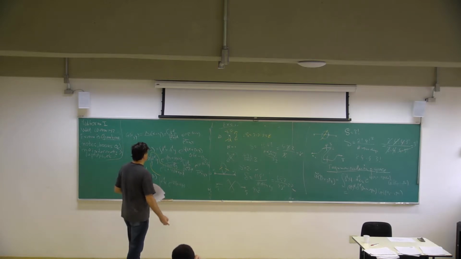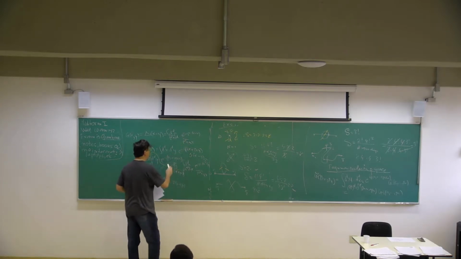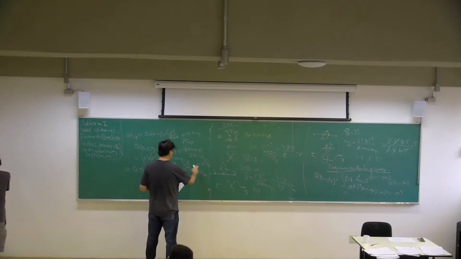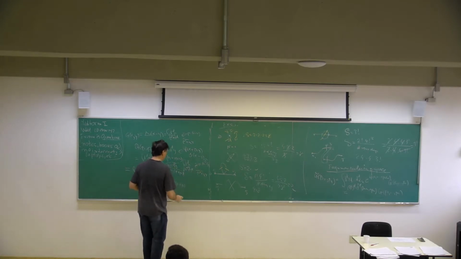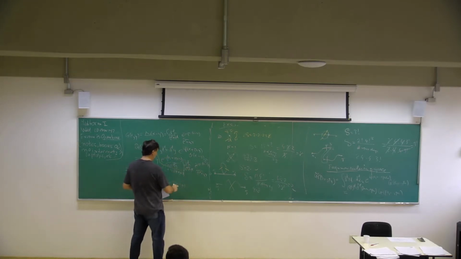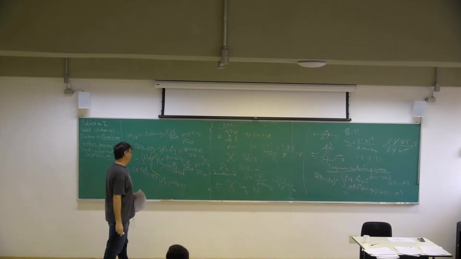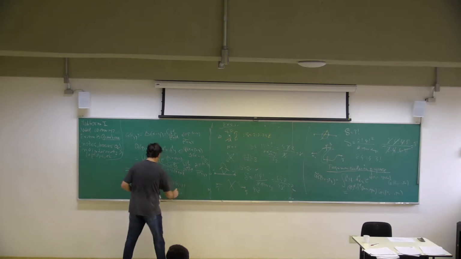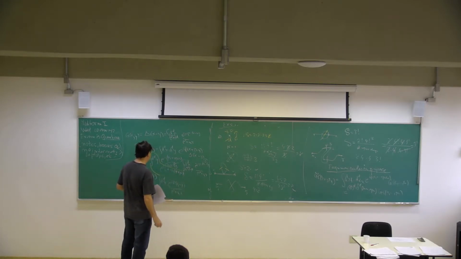I think I should have put a minus here, because this is the inverse Fourier transform, and this is the Fourier transform. So it should have been like this, I guess. And then p1 minus p. I think now it's better. Right?